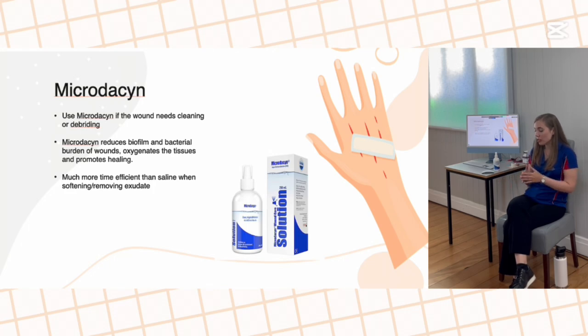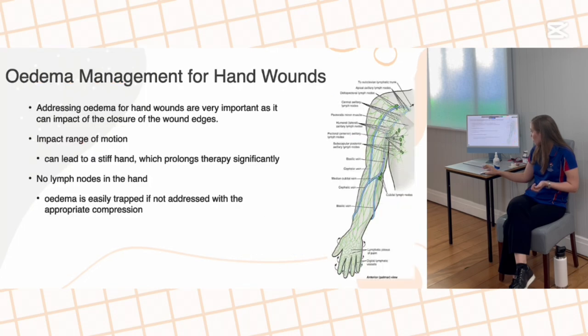Or with the gauze packets, you don't really need much depth. You can just pour it on the plastic side with the gauze, and then you can let it sit in there while you're talking to them, seeing how they're going, and catching up. And Pontostan is also another option, but we don't use Pontostan, we like Microdacyn. It does the same thing.